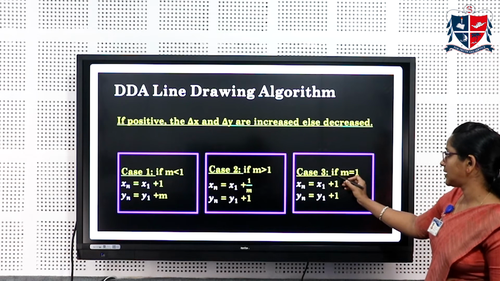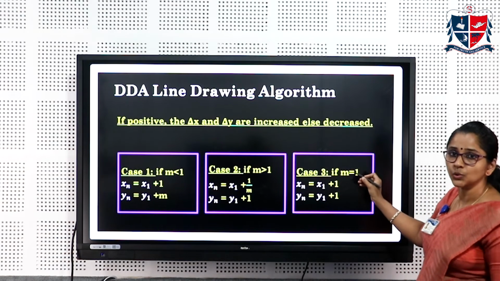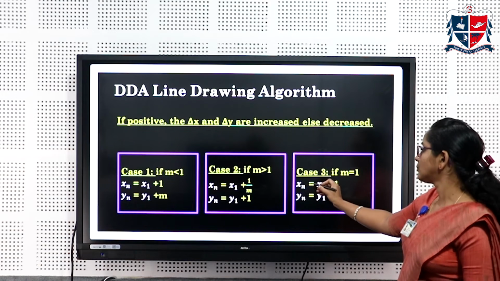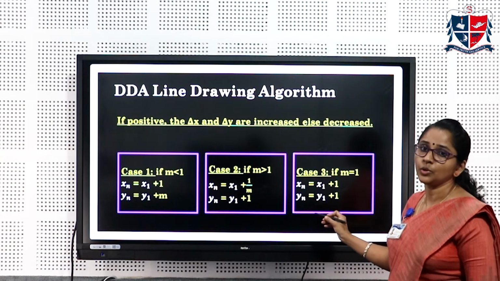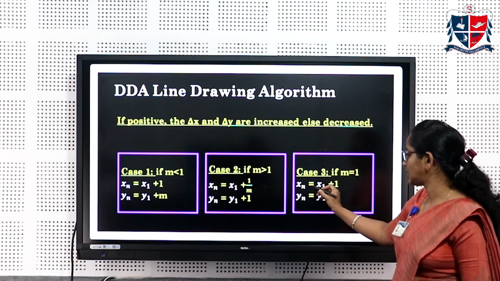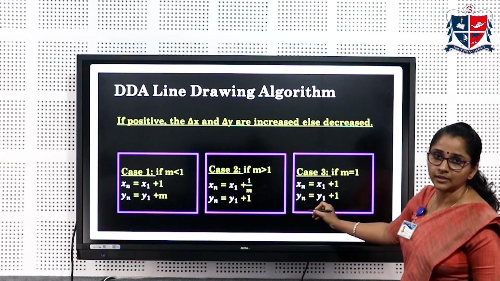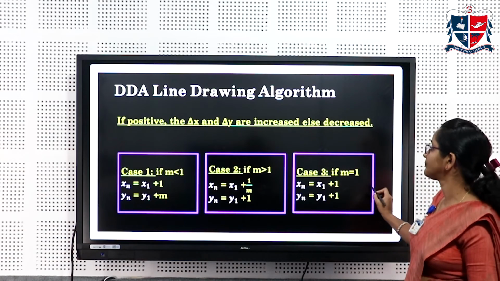And case 3, if the slope is equal to 1, in that case both the x coordinate and y coordinate are incremented by unit distances, that is xn equals x1 plus 1 and yn equals y1 plus 1.